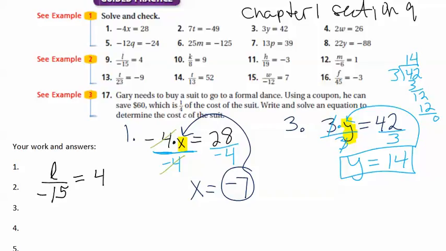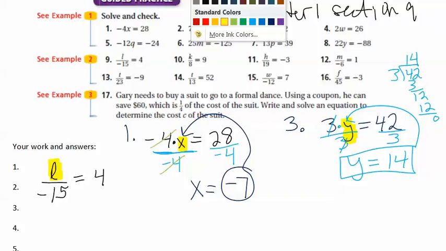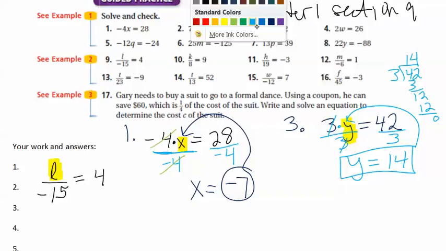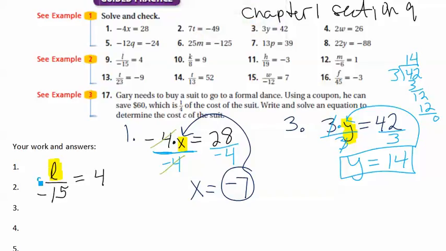So we look for our variable, which is L. L is being divided by negative 15. It's being divided. And then what's the opposite of dividing by negative 15? That would be multiplying by negative 15. So I'm going to put parentheses around this too.